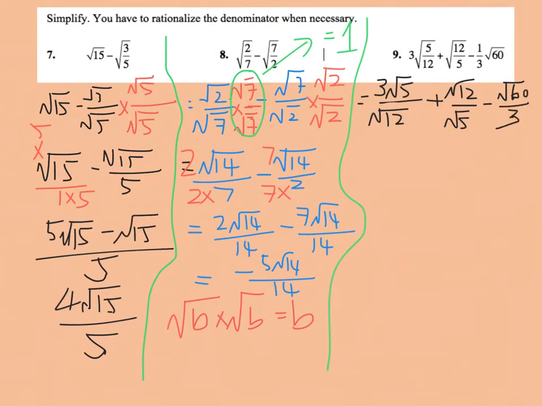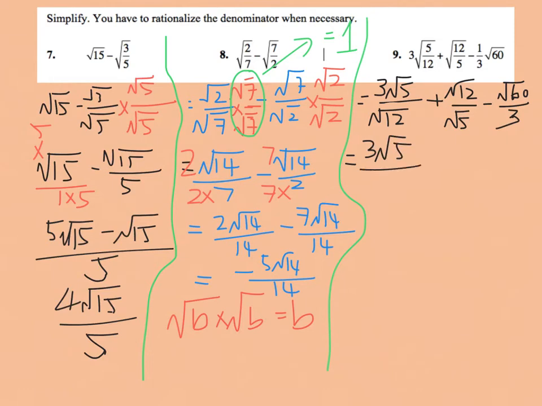In order for us to combine these three fractions, we need to make sure that the denominators are rationalized. So root 12 and root 5, you need to think about how to rationalize them. But for root 12, you can first multiply by root 12, or you can first simplify root 12. So it's up to you how you want to do it. I will first simplify square root of 12 to see what it gives us.